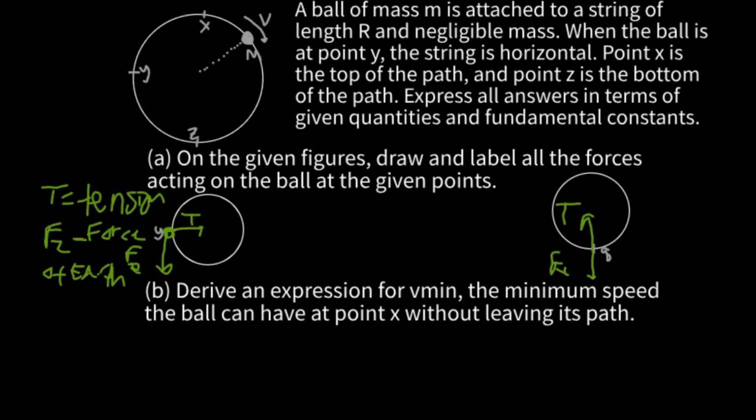So if we sum our forces at X, we're just going to have mg plus T equals ma, but we're in circular motion, so ma is really m times centripetal acceleration, which is mv squared over r.